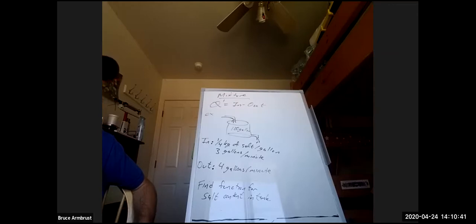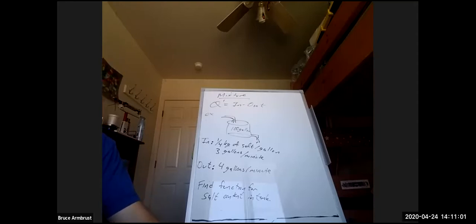So eventually this tank will empty, which means that the function that we find is only going to be good up until 100, because after 100 minutes, basically all the water that's going in is coming out, so there isn't anything in there anymore.